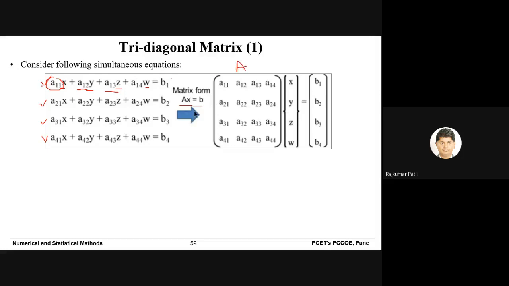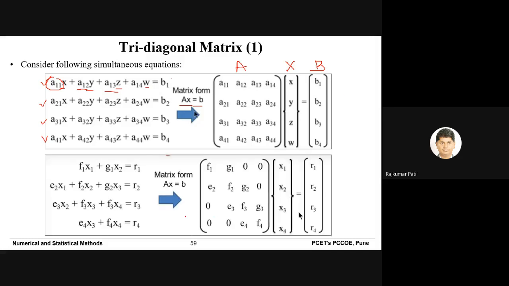You can see that the coefficients of x, y, z and w are written in matrix form. The second matrix is the unknown matrix, x, y, z and w, the four unknowns. The last matrix is the B matrix, with the values b1, b2, b3 and b4. This is the general way of converting simultaneous equations into matrix form.